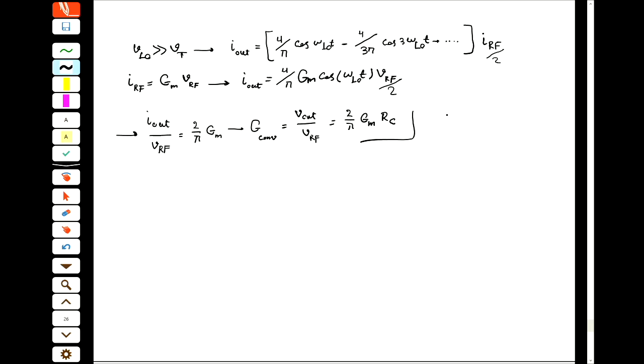And this big GM equals what we had, that one, GM divided by 1 plus GM Z of E.